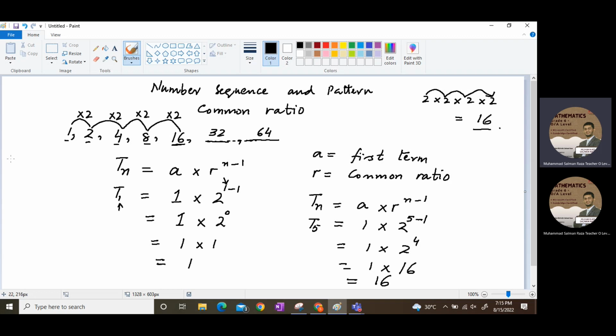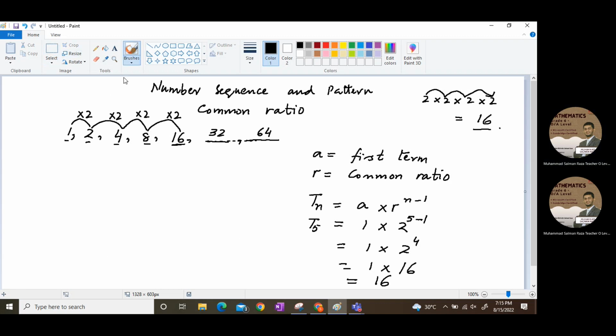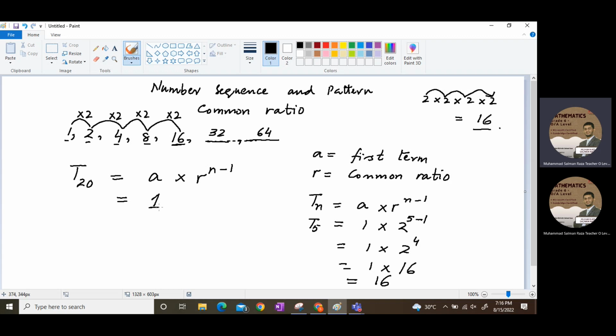Suppose now you want to find the 20th term. The formula is A times R to the power n minus 1, where A is 1, the ratio is 2, and it is 20 minus 1.